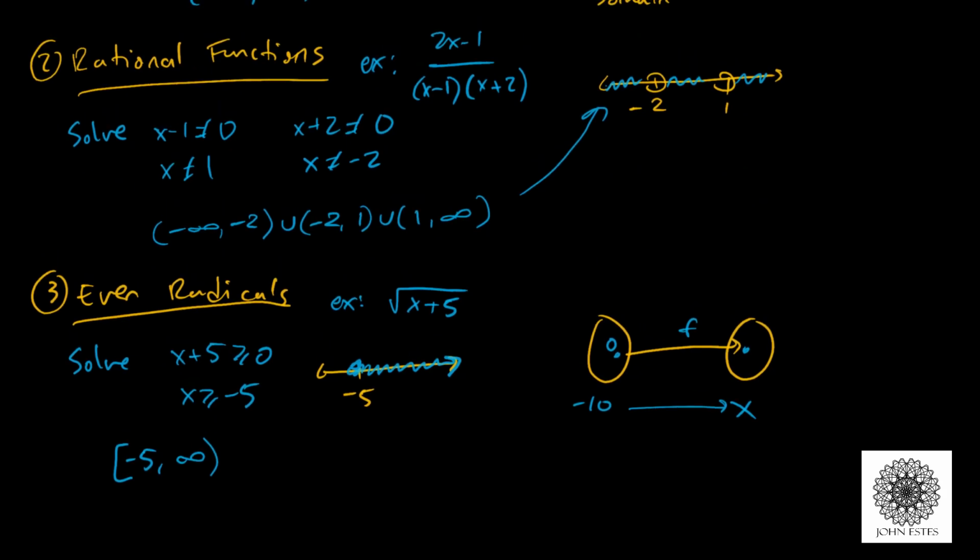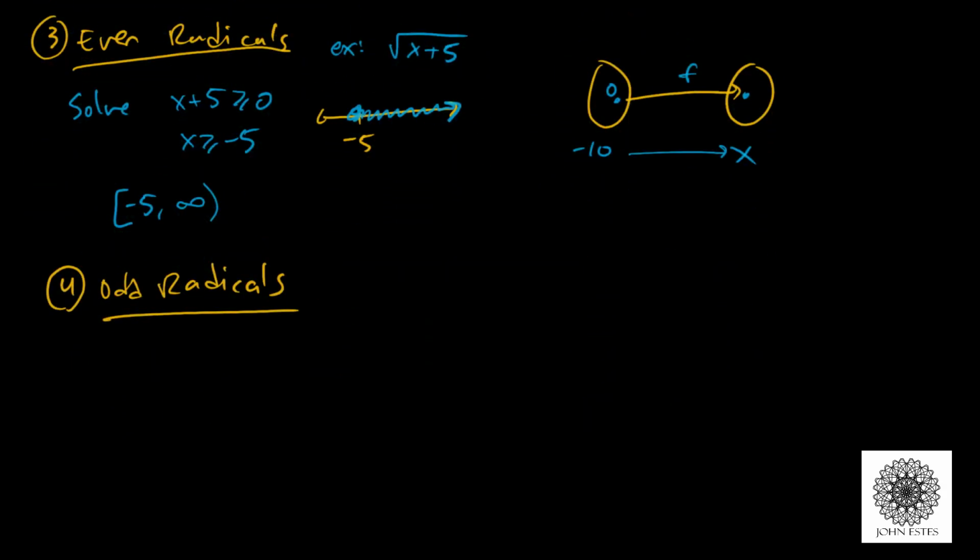The fourth function we have to deal with is odd radicals, and odd radicals look something like cube roots. So you have the cube root of x plus 5, for example. In this case, it's tempting to try the same strategy as even radicals. The problem with even radicals is that you can't have a negative underneath your radical. But with odd radicals, that's not the case.